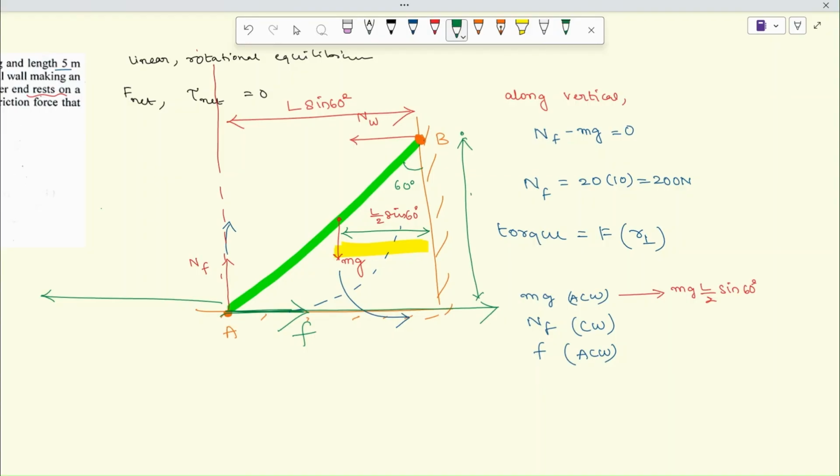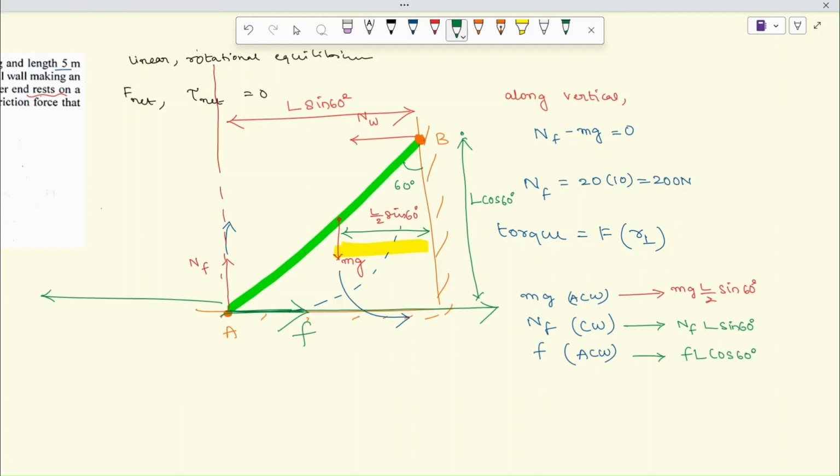This is L cos 60. You can see from the triangle clearly. So now NF is causing NF into L sine 60, and friction is causing F into L into cos 60. So these are the three torques.